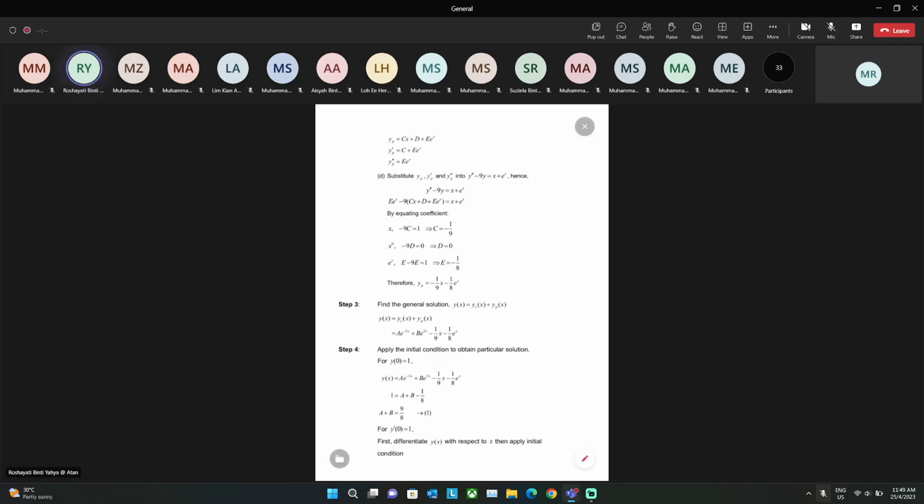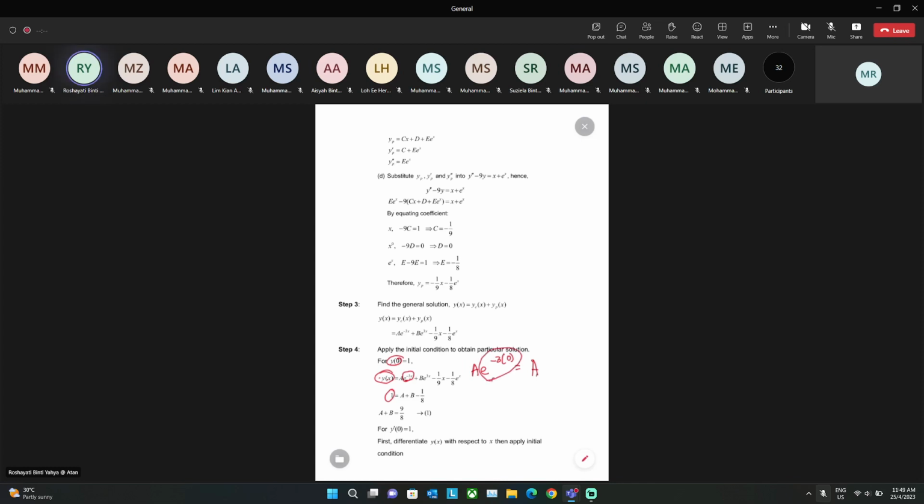So from the general solution, you need to substitute. When x is 0, y equals 1. Exponential negative 3x, so A exponential negative 3x, with x equal to 0, you will get A only, because it will be exponential 0 equal to 1.